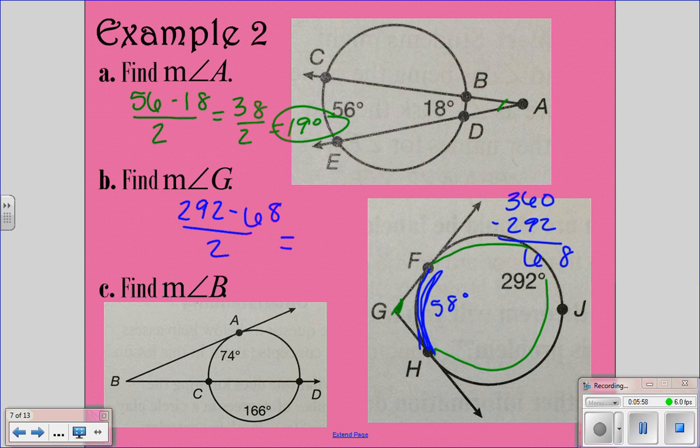And so if you subtract, you would get 224 over 2. And so if you divide that out, you'll get 112 degrees for angle G.